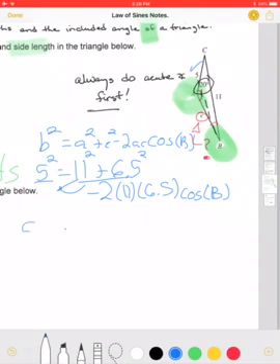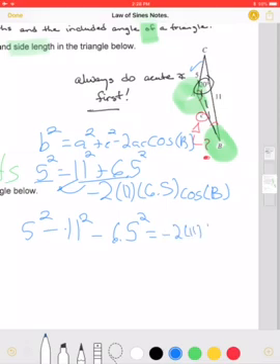So let's move 11 squared, 6.5 squared, and recall that this should be equal to 2 times 11 times 6.5 cosine of b. And then how can I take this further and just isolate the cosine part?